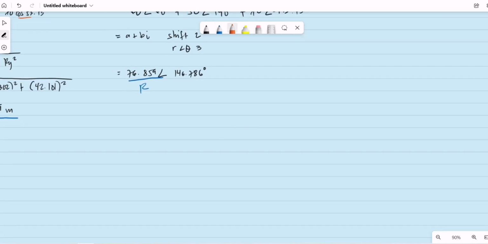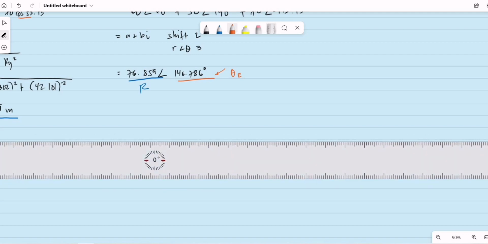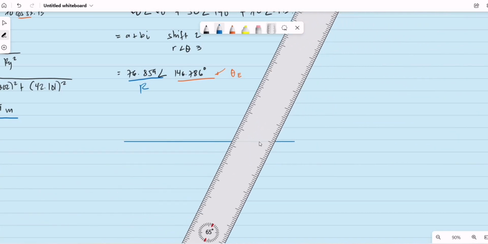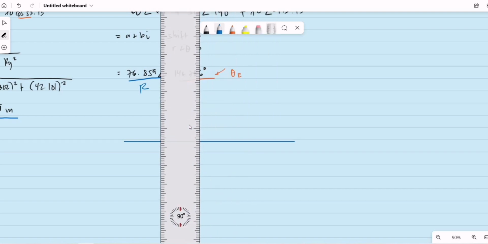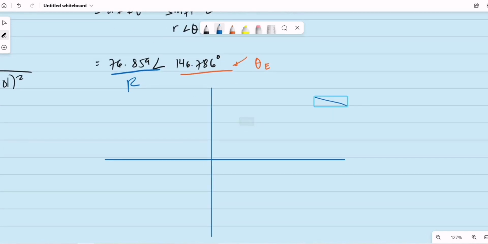Again, this angle is an angle from the east direction, so this is a theta sub E. If we are to plot this angle, basically what is 146.786?